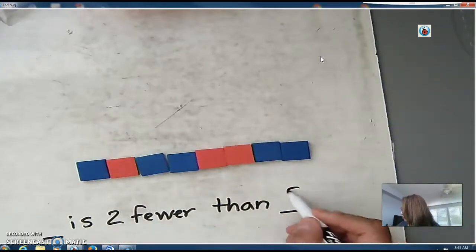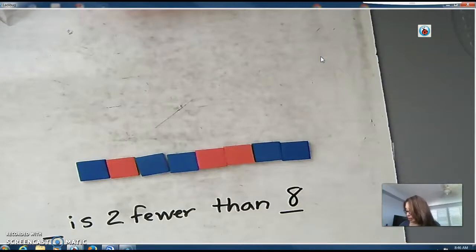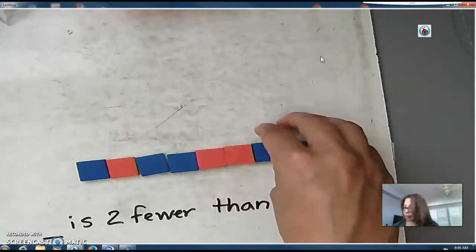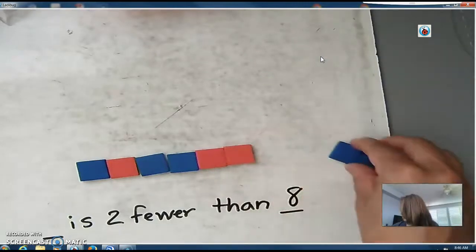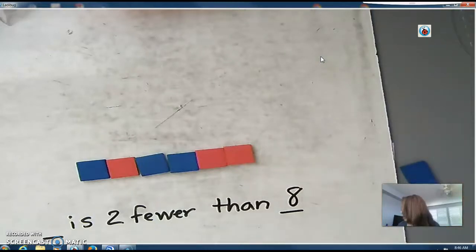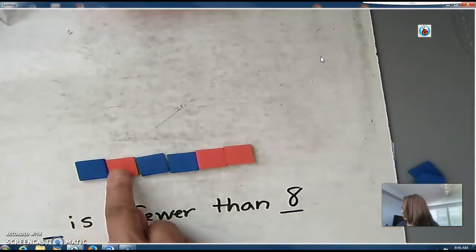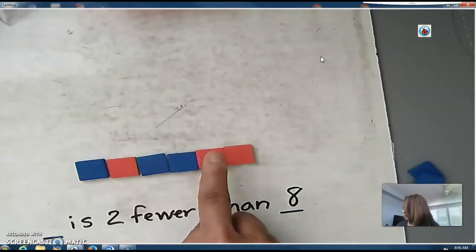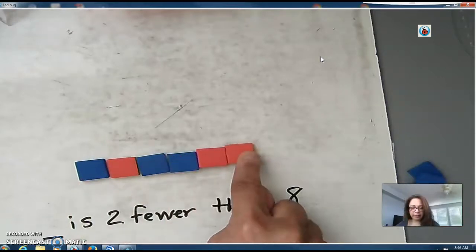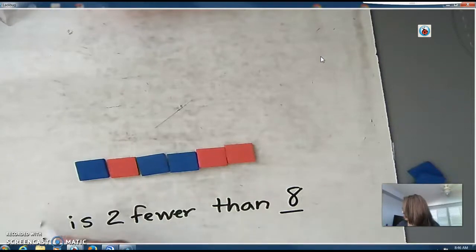And we're going to write that at the end because that's how many we started with, okay? And then we're going to do 2 fewer, so we're going to take 2 of them out. And that's what it says, blank is 2 fewer, so we have to take 2 of them out. And now let's count and see. 1, 2, 3, 4, 5, 6. So 6 is 2 fewer than 8.